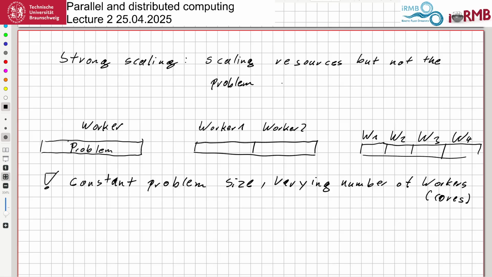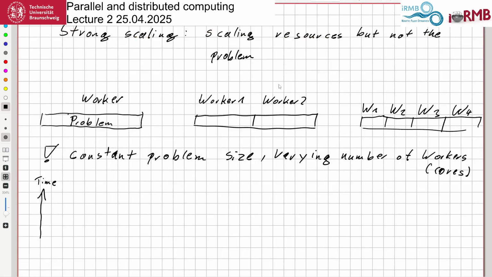What we are interested in is the time, the time that it needs to solve the problem. And say what we have here is the number of cores. And say we have one core. So if we have one core, now I need a different color.